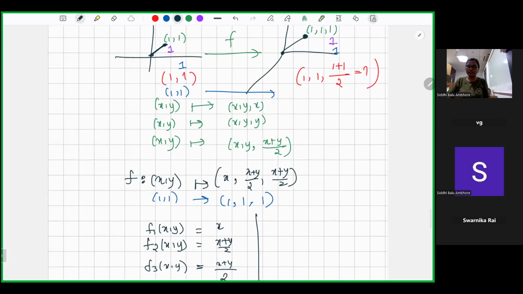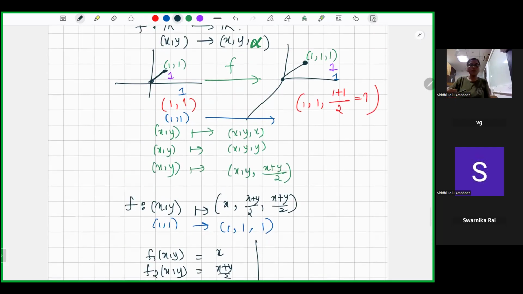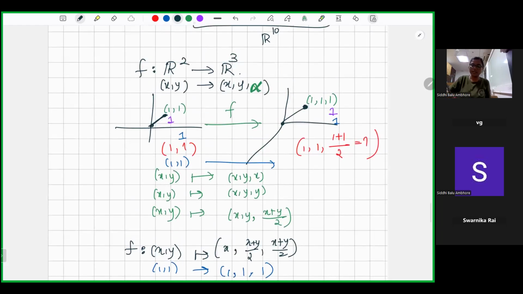For example, if this is the information given to you, and you are also given extra information, for example, that f of 2 comma 2 is f of 2 comma 2 comma 2.